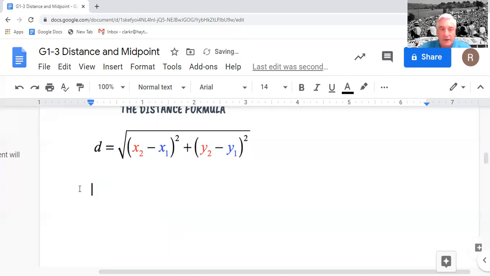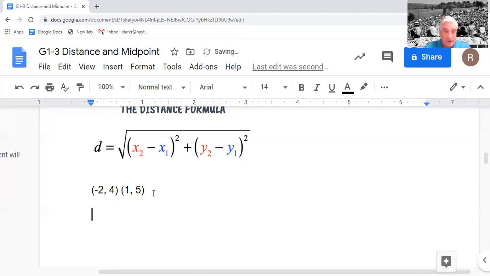Let's go back and make a couple points. This time, let's see if we can get some. Minus 2, 4, and 1, 5. Now we're going to take the x's.